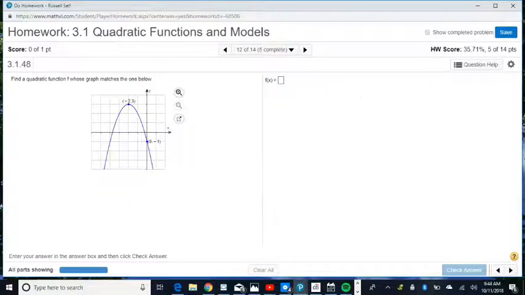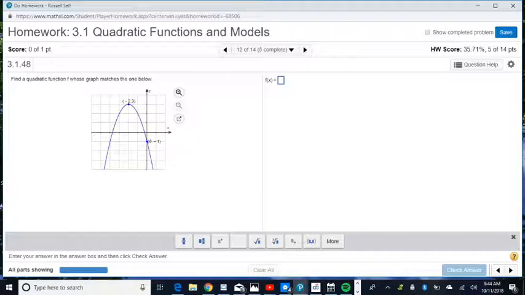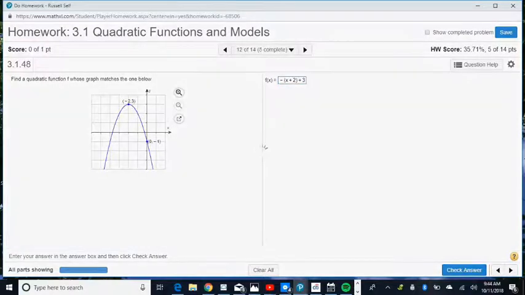So let's type that in just to be sure that I got it right. So it's minus x plus, what's that, 2? Close the parentheses, plus, then our vertex, the other point was 3.